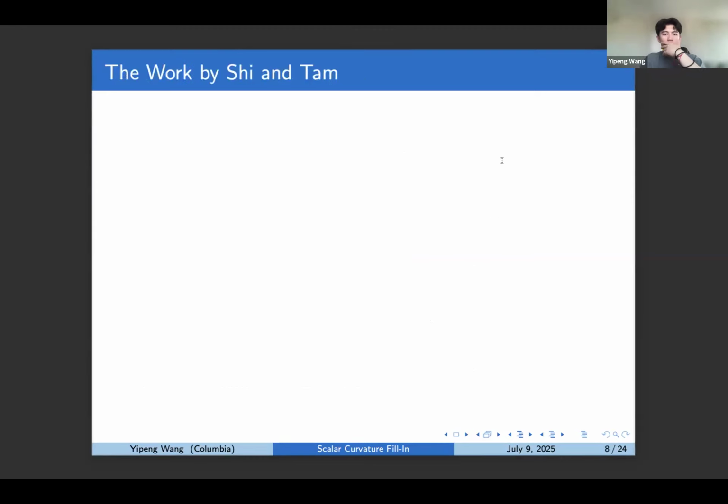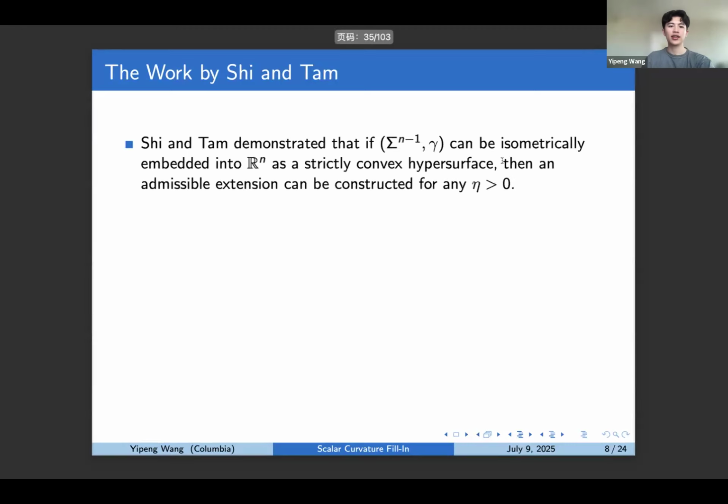Okay, now I'm going to explain a little bit how these two things, these Bartnik problems and these quasi-local mass notions, are related. Before I do that, when I try to explain these extensions, one question you may wonder is whether such an extension even has to exist.